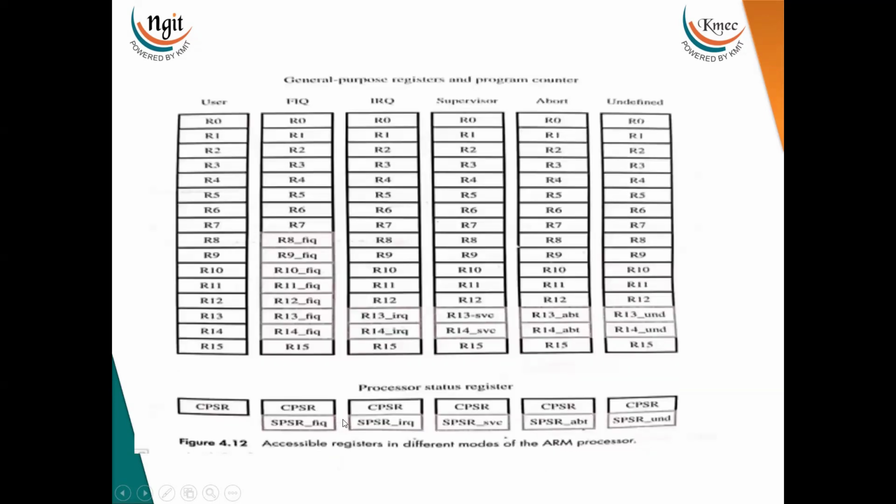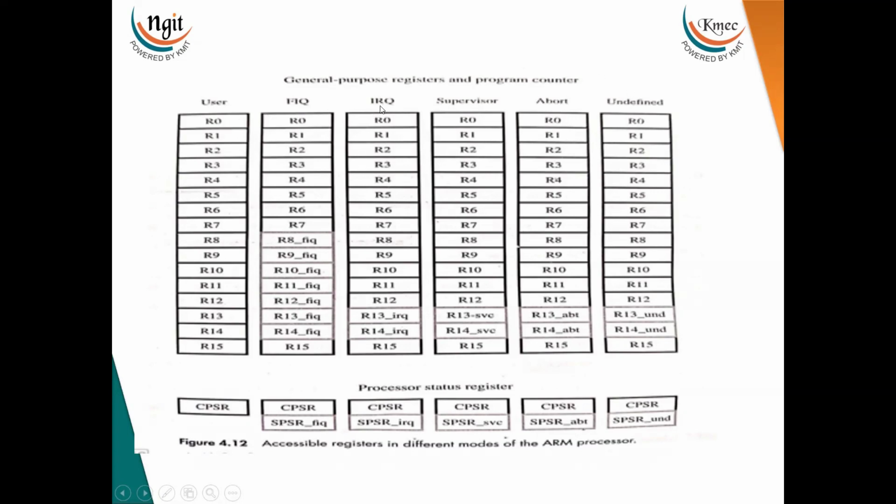Now we will see the different registers in the different modes. Here, if you see user mode, R0 to R14 are the general purpose registers, and R15 is common. In all the modes, R15 is common. This is the program counter, which holds the address of the next executable instruction. Now, in the remaining privileged modes, R0 to R7 are also common in all the modes.